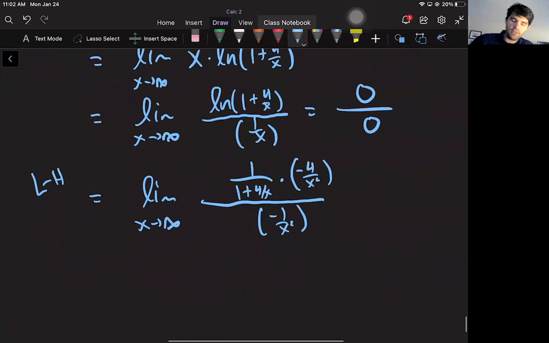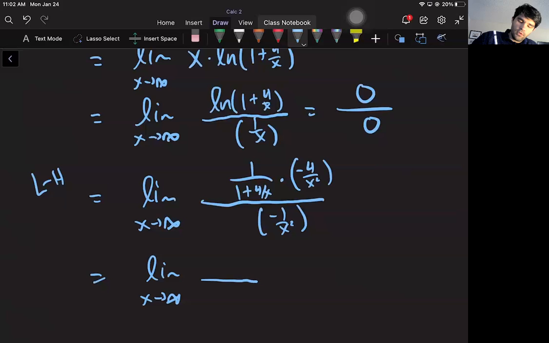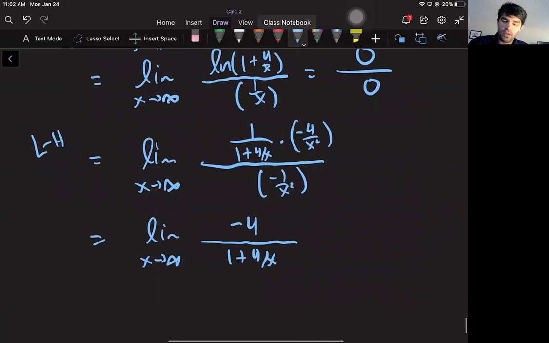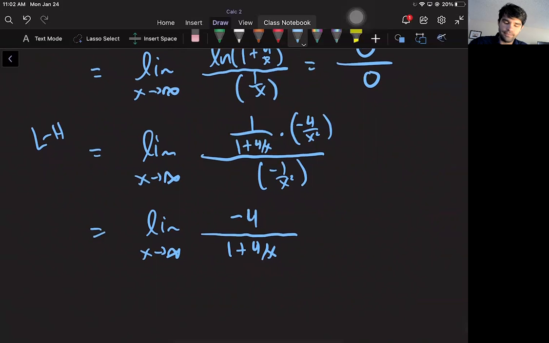So those are going to cancel nicely to make it a little bit easier, but this still takes a long time, unfortunately. So you're just going to get negative 4 over 1 plus 4 over x, I believe, as long as I've done my algebra right. Oh, okay. Let me just think about it. Yeah. Okay.